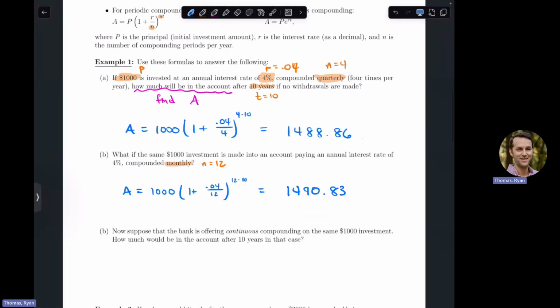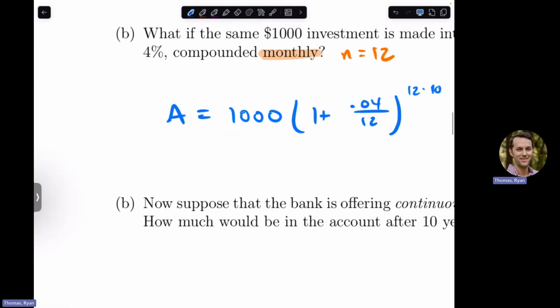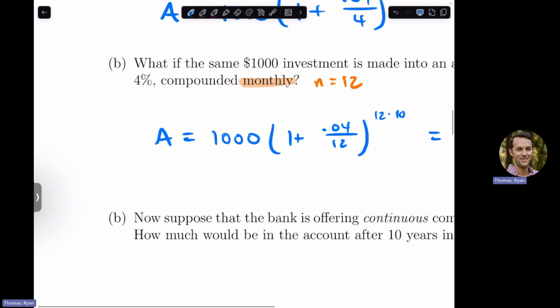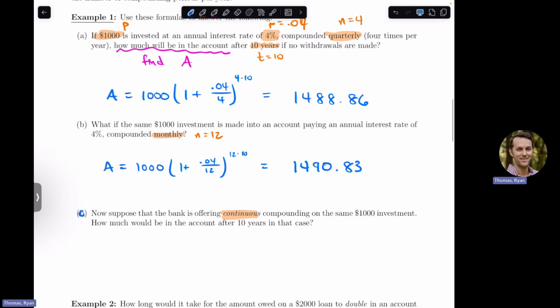Okay, and then the second part, B, says continuously. So use the other formula then. Continuous compounding on the same $1,000 investment, so same interest rate.